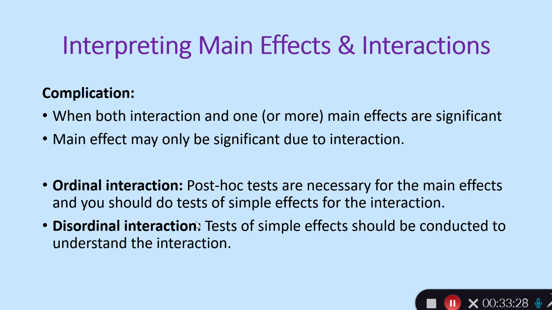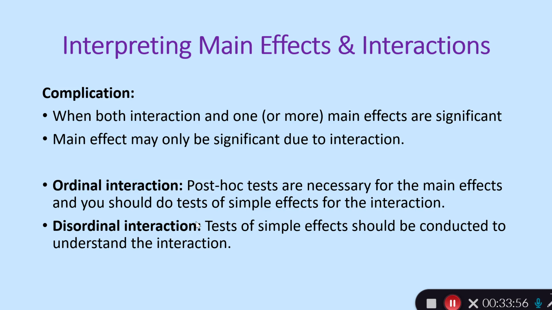Okay, so if we have an ordinal interaction, then we need to do post hoc tests for the main effects, and you should do some tests of what are known as simple effects for the interaction. So simple effects is just the name used for post hoc testing on an interaction. If you have a disorderly interaction, tests of simple effects are necessary.